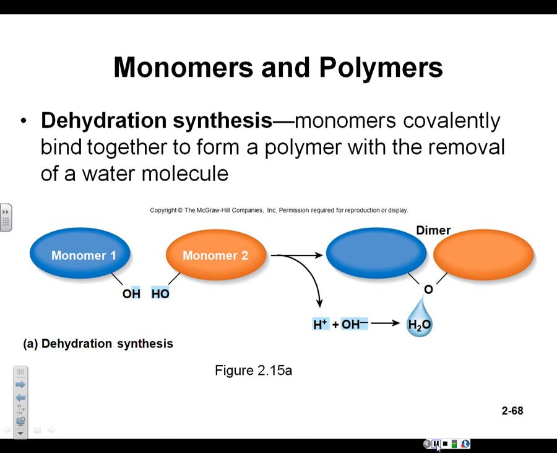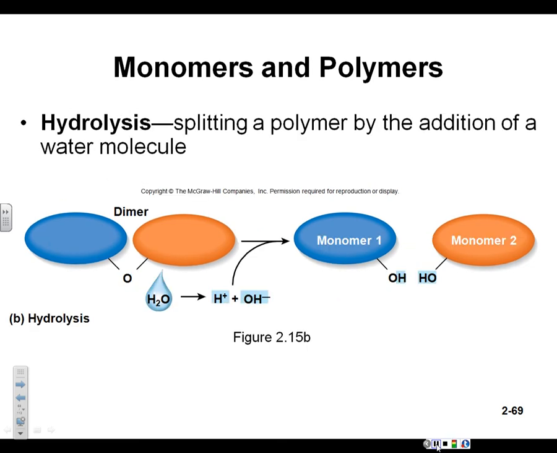So I took two monomers, combined them together to make a dimer by removing water. So I took two smaller molecules, made them into a larger molecule by removing water.